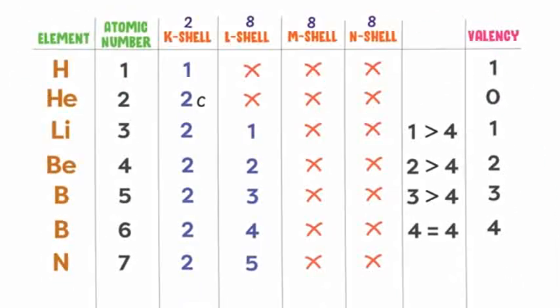Therefore, nitrogen is a nonmetal due to 5 electrons in the outermost shell. We know that nitrogen needs 3 more electrons in L shell to attain stability. Our 5 is greater than 4, so 8 minus 5 is equal to 3. Thus the valency of nitrogen is 3.